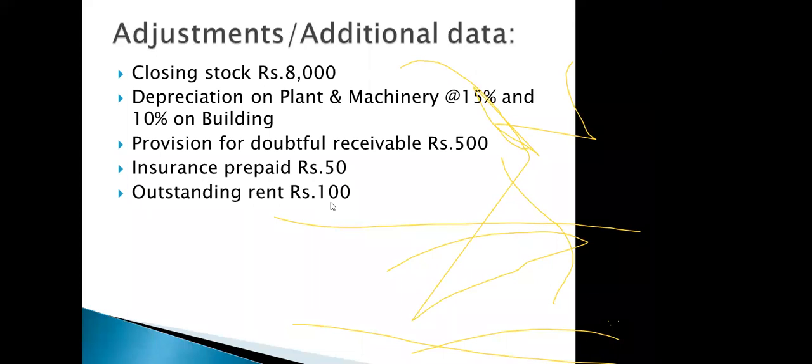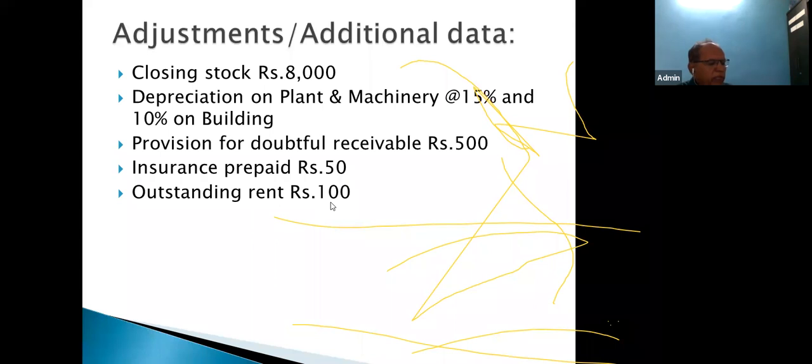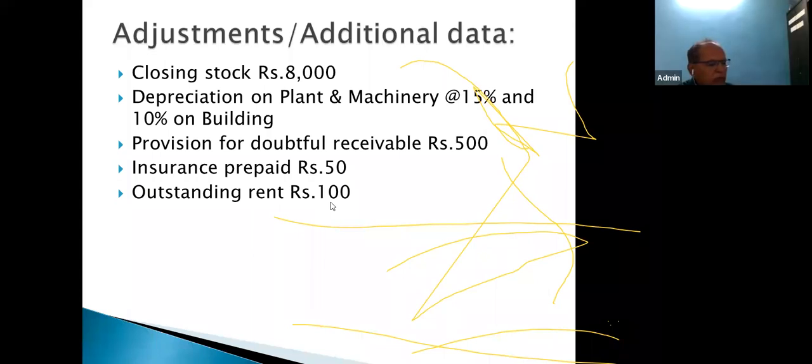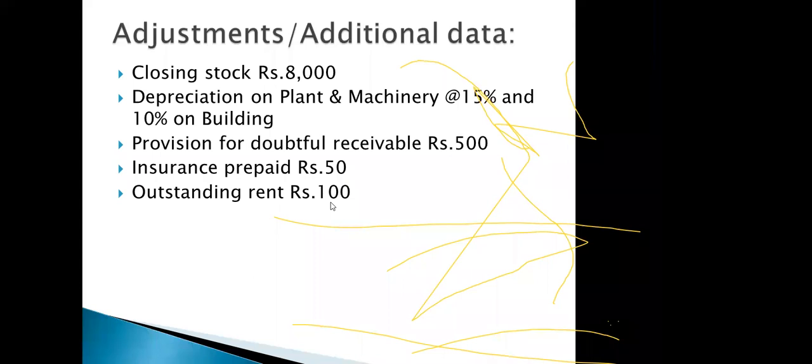So to that 25,000, add net profit because it is profit. So this profit will increase our capital. So add net profit 6,150 and in the amount column, write the total of these two figures. What is the total? 25,000 plus 6,150 is 31,150, in the outer column.